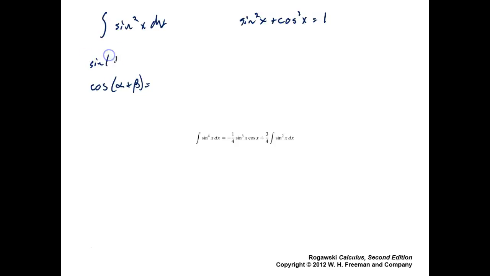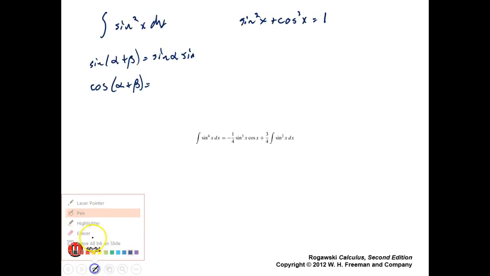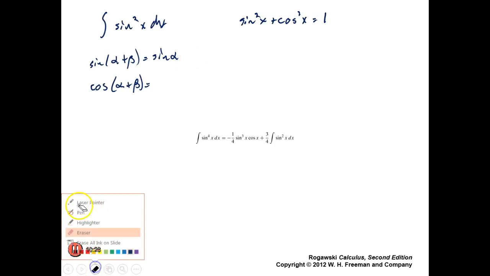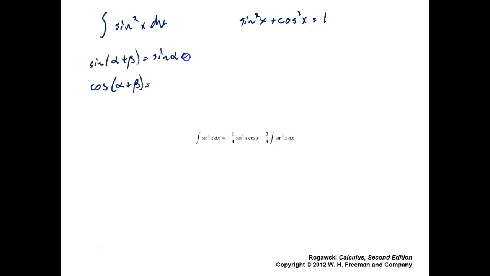Sine of alpha plus beta, or you can name them anything you want to. I'll just keep from using x's and y's. That would be sine alpha sine beta. No, I'm sorry, sine alpha cosine beta. I'm doing the wrong one. Sine alpha cosine beta plus cosine alpha sine beta.